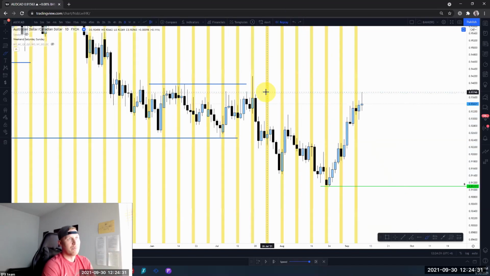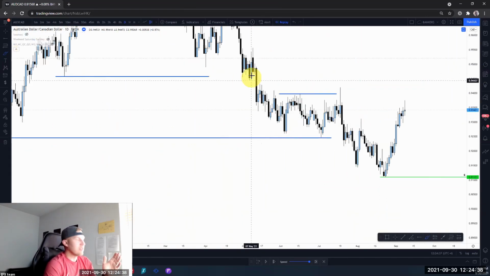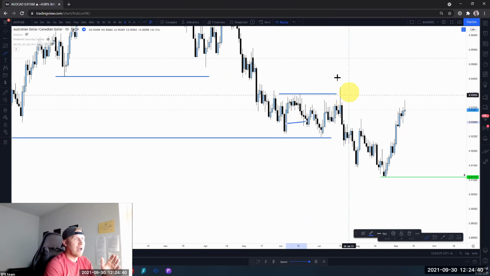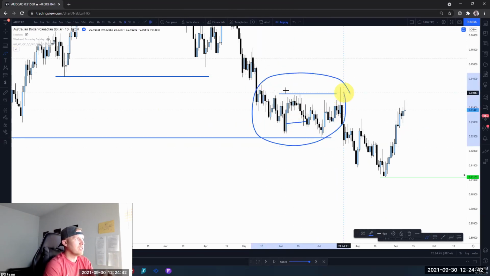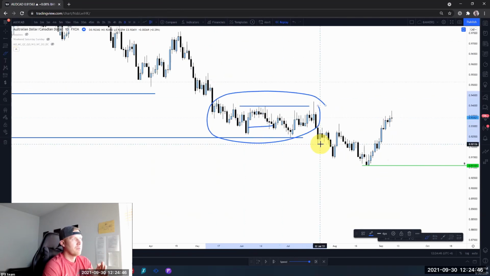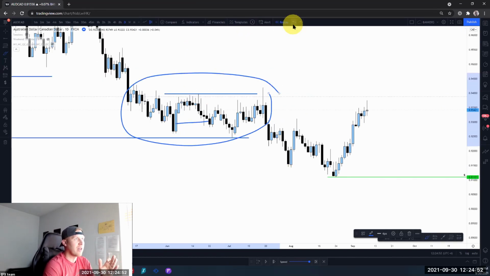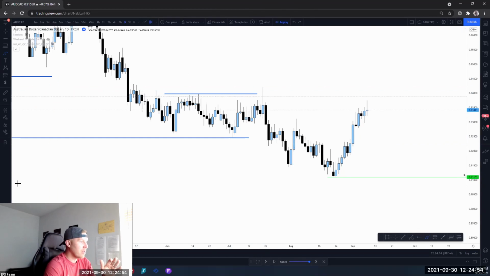We didn't even need to throw our fibs on this, right? We're basically just looking at the story being told here. And this pattern right here, in alignment with the structure, just gave us so much information and weeks and weeks and weeks of potential trade setups. Does that make sense for everybody?